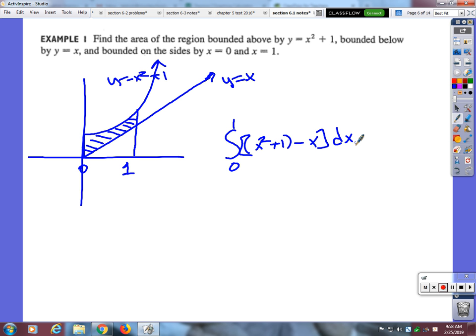That's the bottom function, yeah. Because they said by the function y equals x.